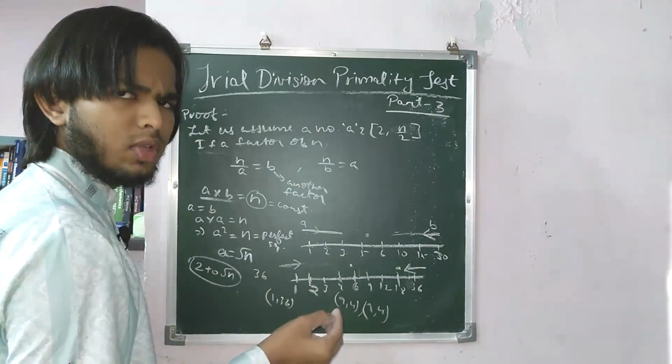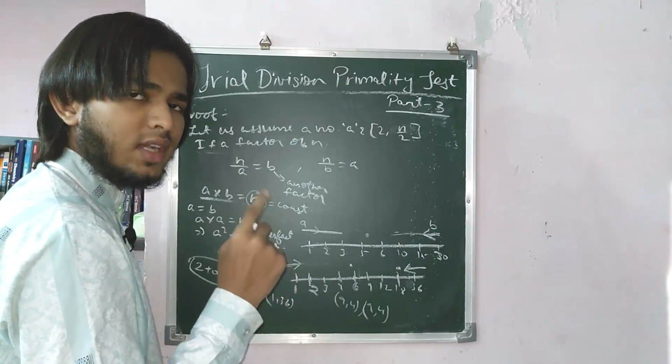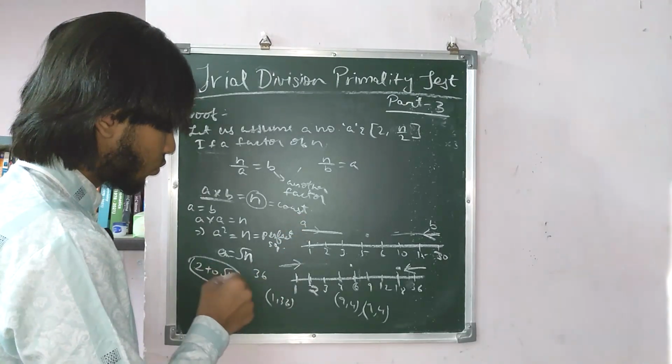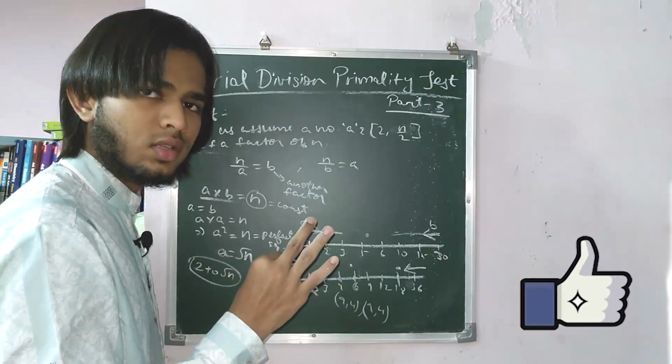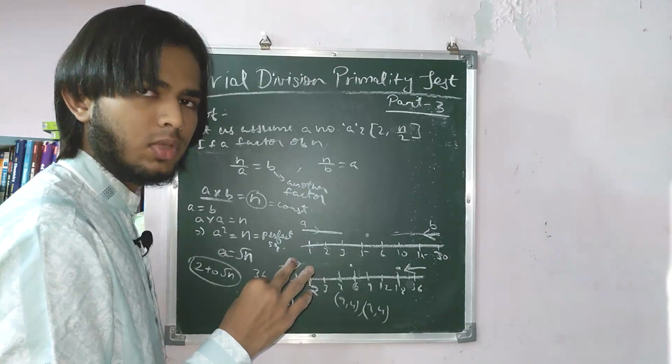So for any number which is not a prime, we will surely get at least one factor which will be in the range of 2 to square root of n, which will be sufficient for us to tell that number is not a prime number.